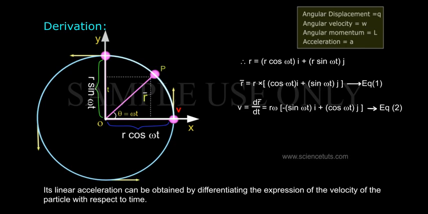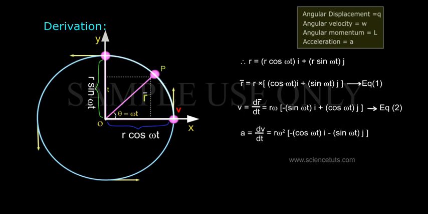Its linear acceleration can be obtained by differentiating the expression of the velocity of the particle with respect to time. a is equal to dv by dt, that is equal to r omega square into (minus cos omega t i minus sin omega t j), that is equal to r omega square into minus of (cos omega t i plus sin omega t j).